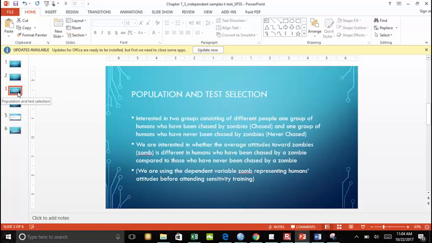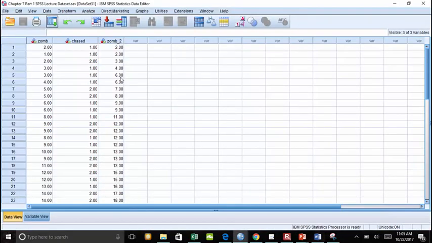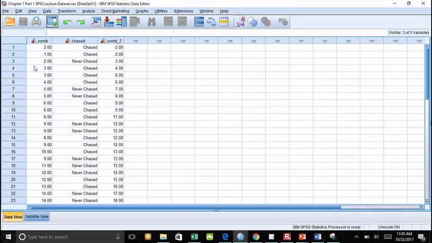In terms of what we are doing for this independent samples t-test, we're interested in two groups consisting of different people. We're going to be using the first and second column in our data set. These are the zombie attitude questionnaire, right? These are humans' attitudes about zombies.